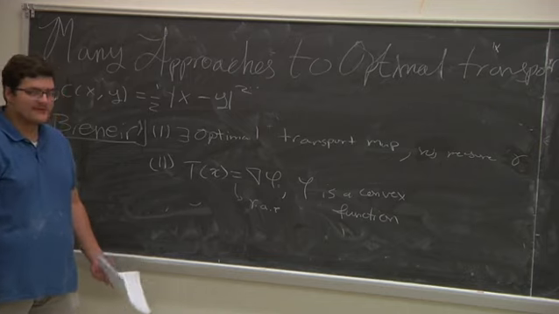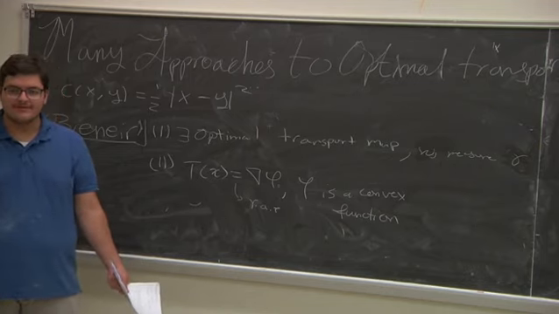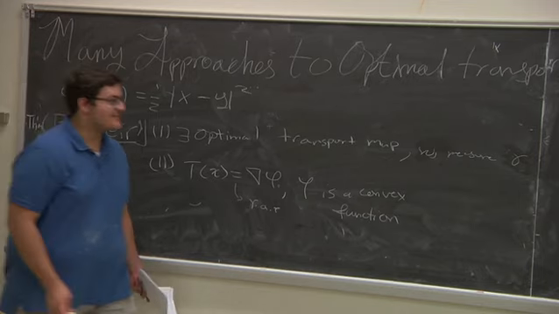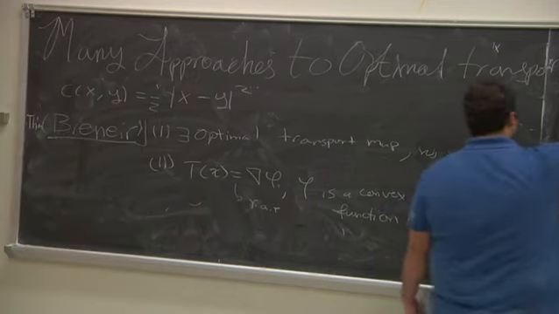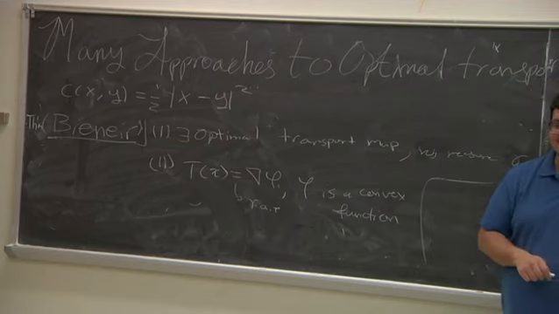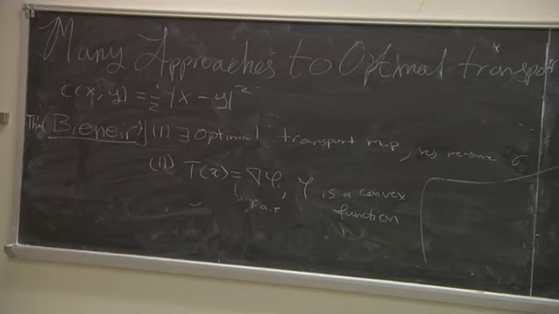Does everyone know what a convex function is? No? It might be good to write down a definition. All right. Anyone have a good definition of a convex function? In what generality? Any generality.